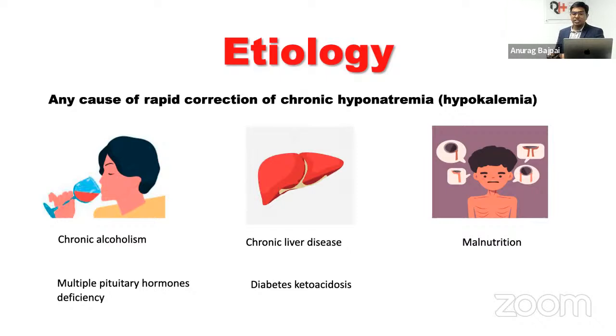And if the patient has multiple pituitary hormone deficiency, diabetic ketoacidosis, or goes into dialysis, that can cause ODS to develop. So in our patient, there was MPHD, Sheehan syndrome, malnutrition, hyponatremia, and hypokalemia, so there was a high chance of the development of ODS at that time.